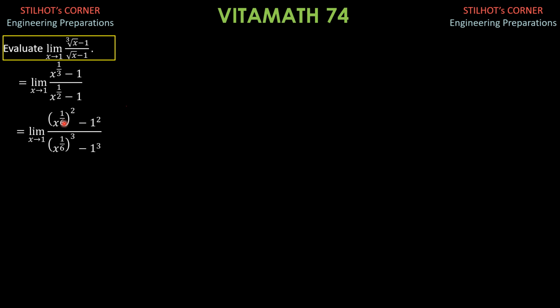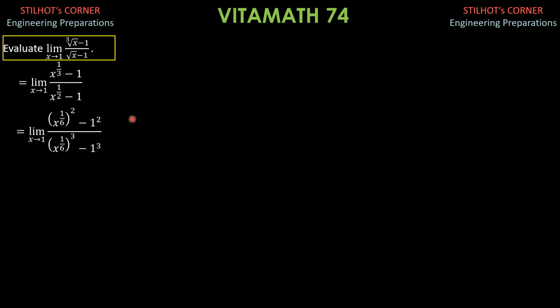So take note that x to the 1/6 squared is the same as x to the 1/3, or cube root of x, then minus 1 squared, that's still minus 1. Then in the denominator, x to the 1/6 cubed is x to the 3/6, or x to the 1/2, which is the same as the square root of x, then minus 1 cubed, which remains 1.